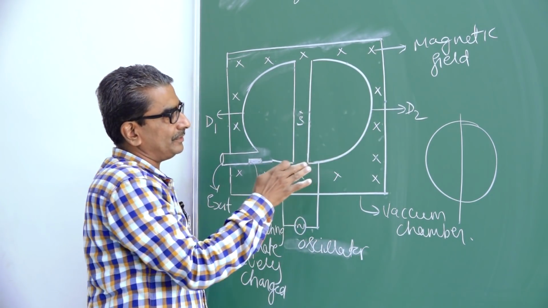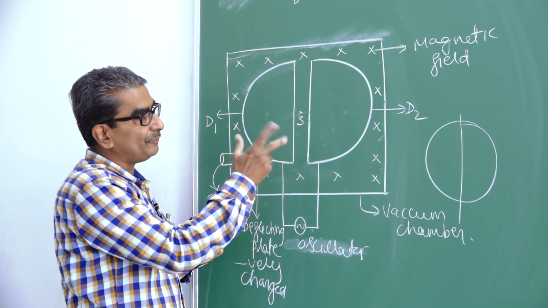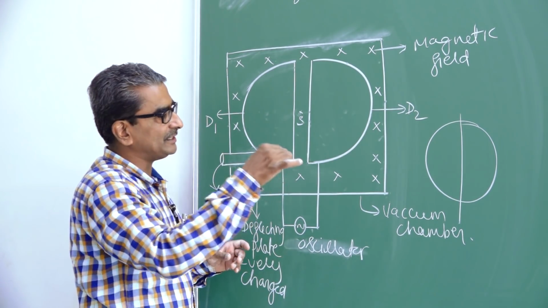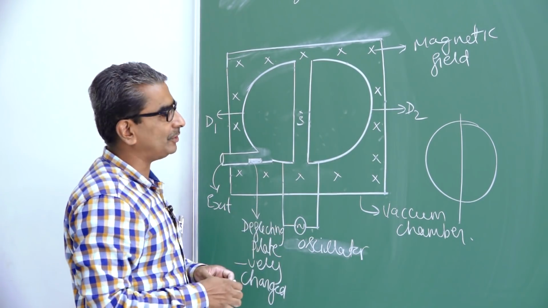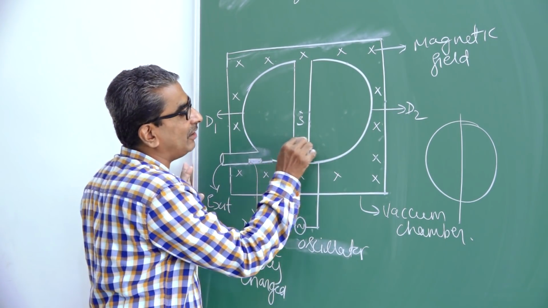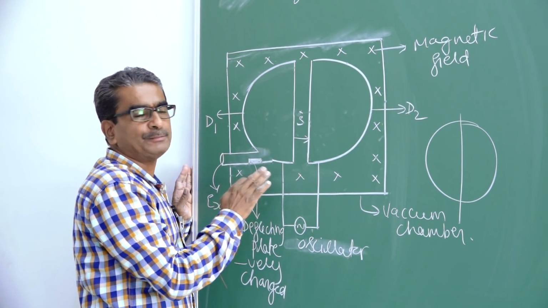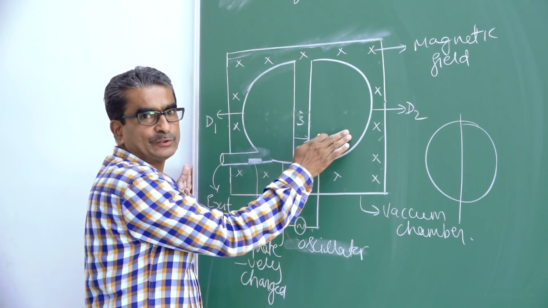Now, we can notice from this that two fields are there. One field is the magnetic field which is into the board. Another field is set up between the two Ds, an alternating electric field. That means the direction of the field keeps reversing between these two Ds.